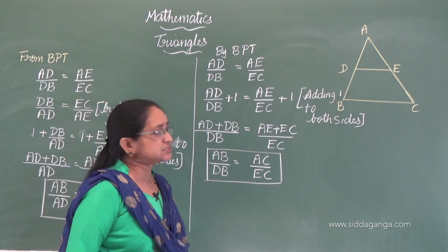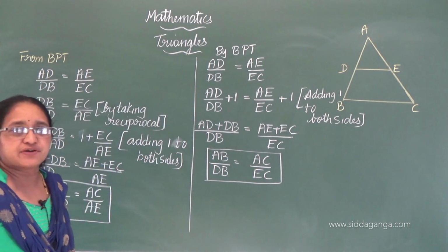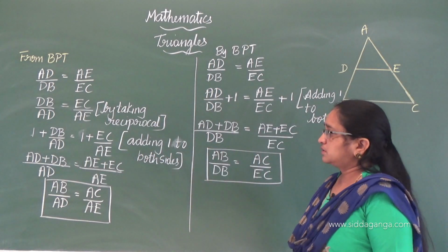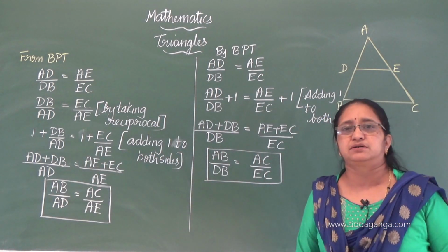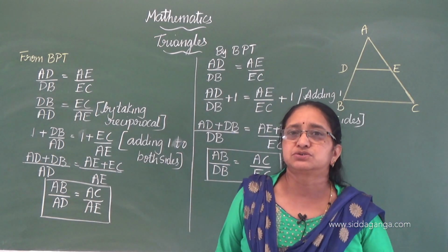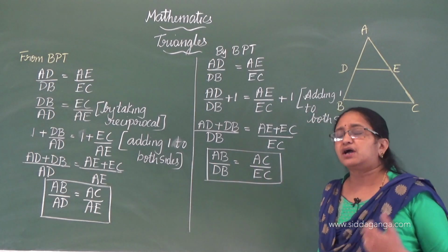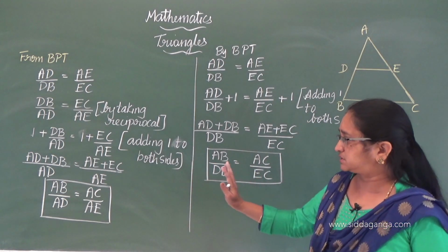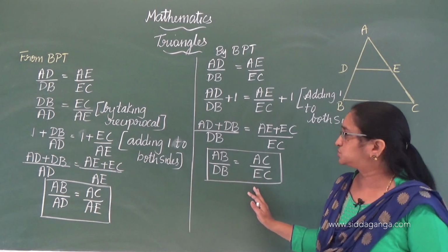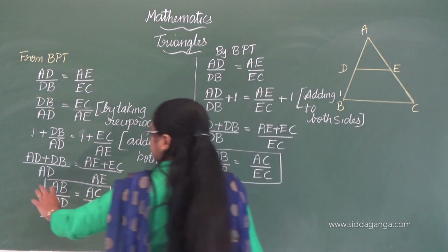So these are the results which we can derive from BPT. I will tell the application of this when I am doing the exercise problem. This application will be used in the exercise 6.2. So I hope you understood this.